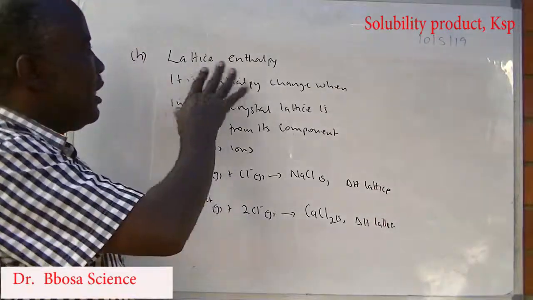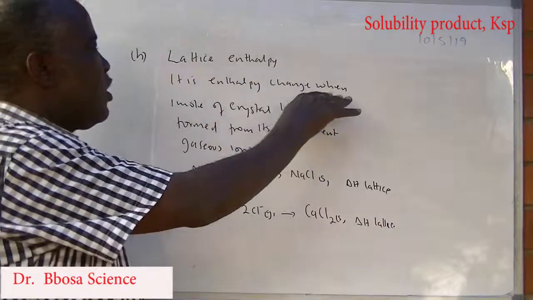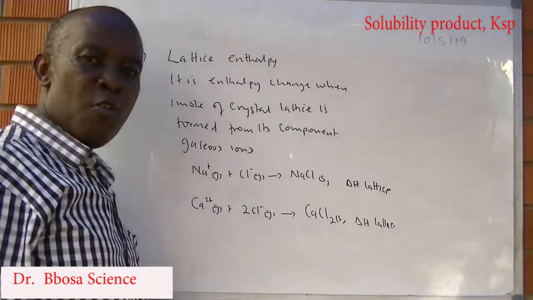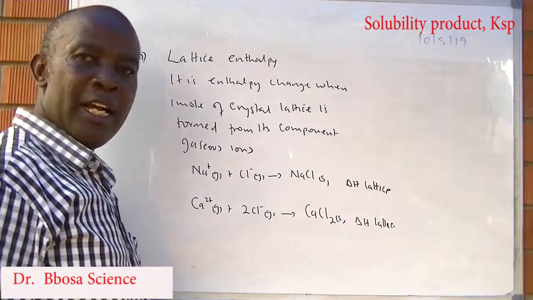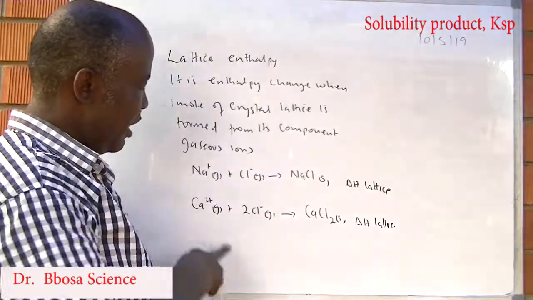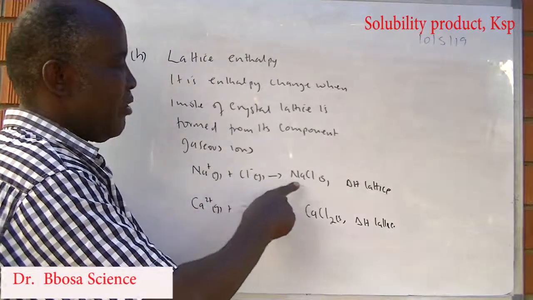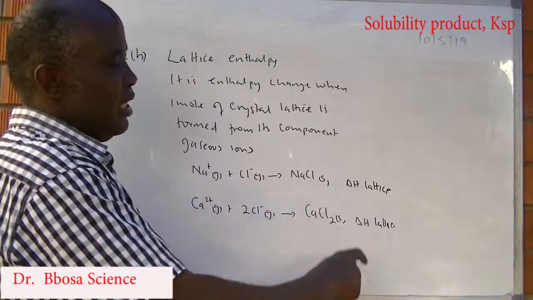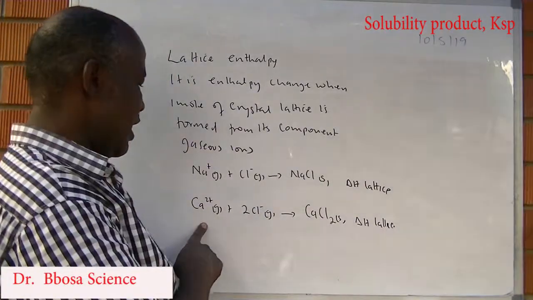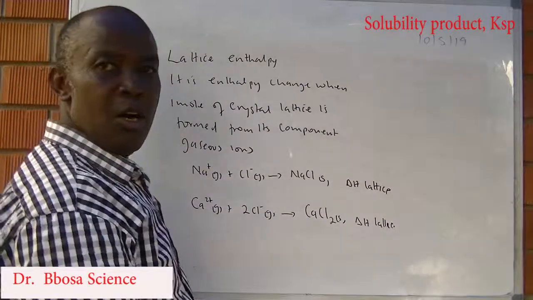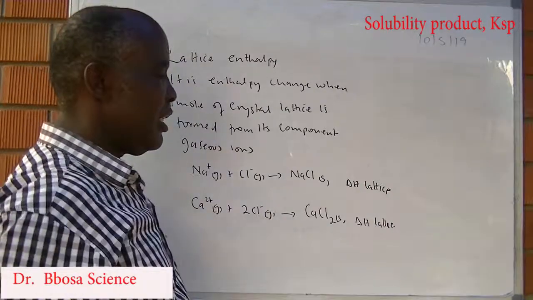H, lattice enthalpy, is the enthalpy change when one mole of crystal lattice is formed from its component gaseous ions. For example, sodium ion gas plus chloride ion gas, you get sodium chloride solid. Enthalpy change is lattice enthalpy. Calcium 2 plus gas plus chloride ion gas, you get calcium chloride solid.